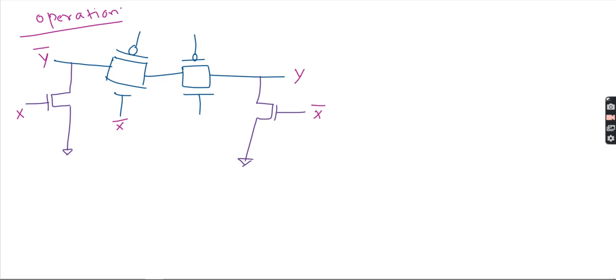I will name this TG1, this TG2, this N1, this N2. Then we need to apply the input, which is nothing but your VA.